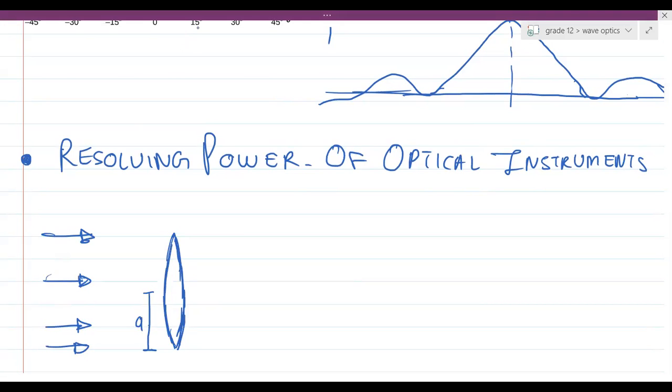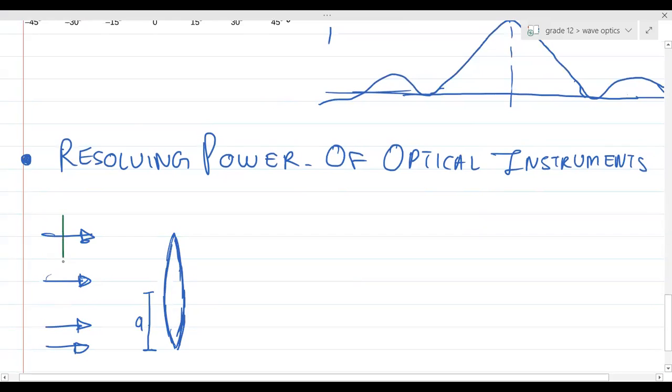So basically I'm incident with plane wavefronts, right? Is this clear, guys? You understood what exactly I'm doing? Suppose I'm incident with a parallel beam of light over a convex lens. If there is no spherical aberration, then what will happen?